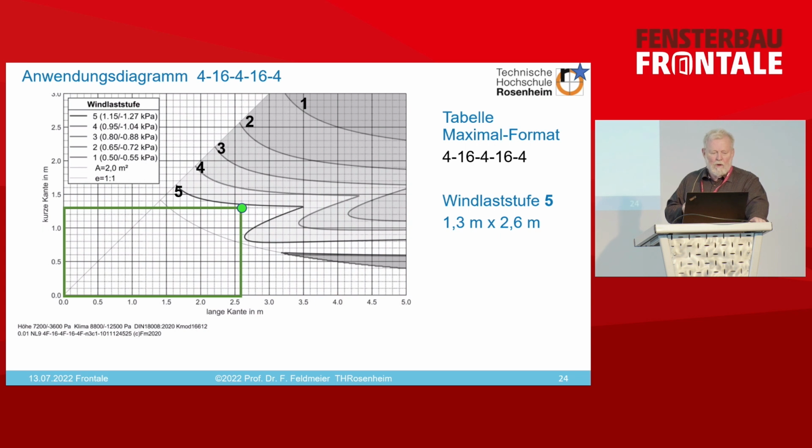If these diagrams are too complicated, you could also do maximum measurements. So for load zone 5, we're going to have the maximum of 130 by 260. Or zone 3 would be 170 by 320.